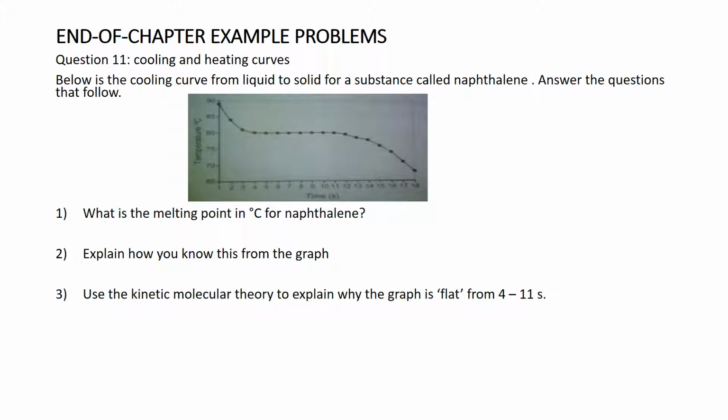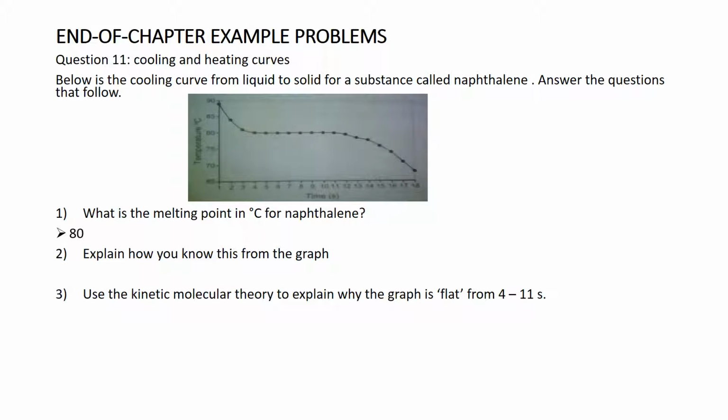Question 1, what is the melting point in degrees Celsius for naphthalene? When you look at your graph, you look for where the temperature stays constant, because state changes occur where temperature stays constant. So you look for the temperature where it is constant, and that will be 80 degrees Celsius.